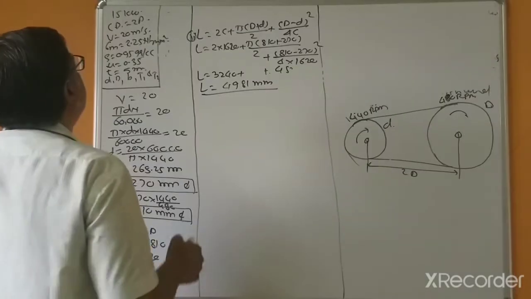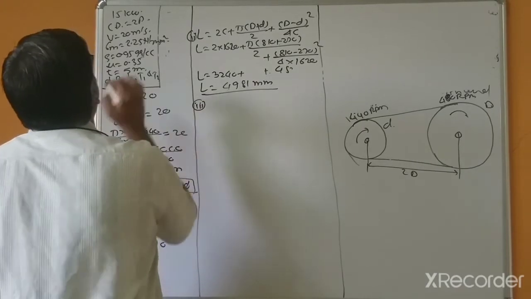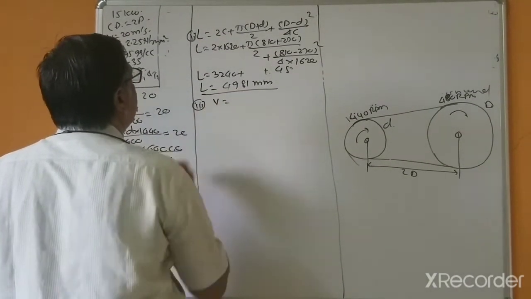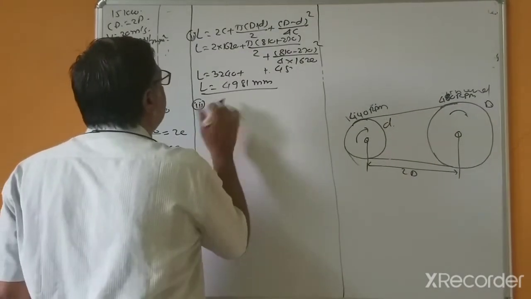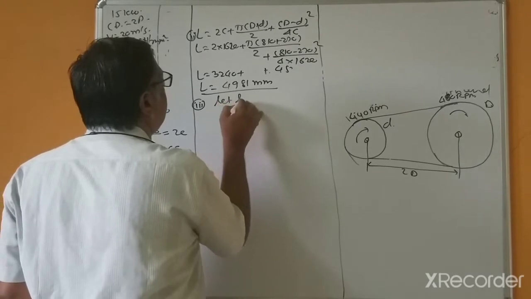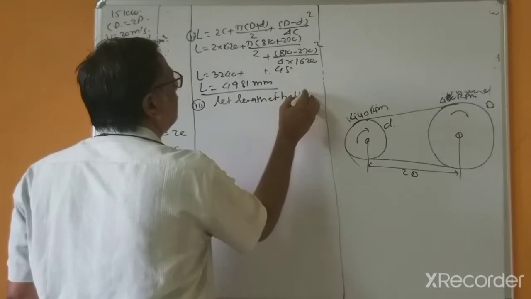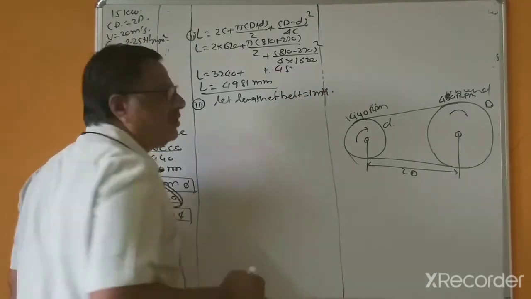Now next, the density of the belt is given, so first we'll calculate the volume. Let the length of the belt equal 1 meter, and calculate according to that.